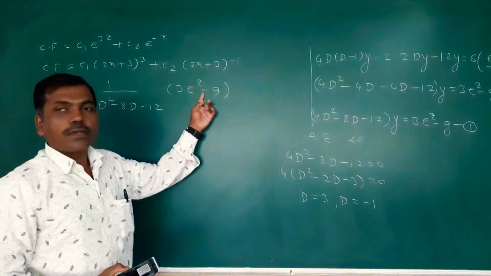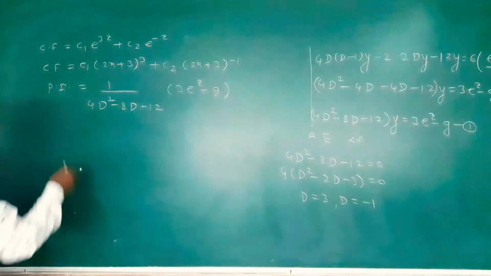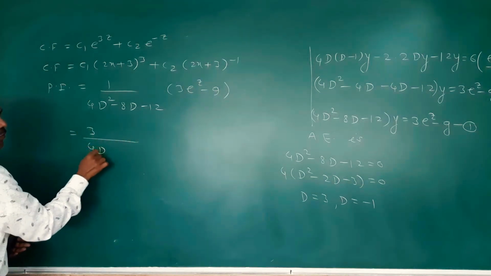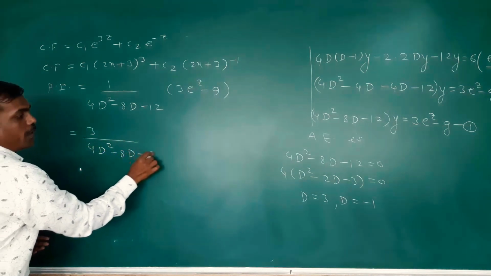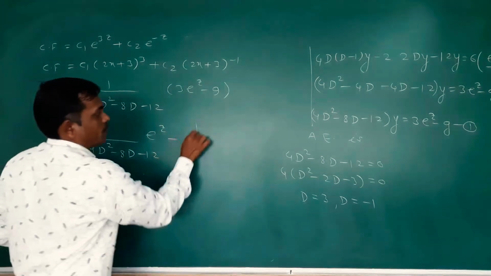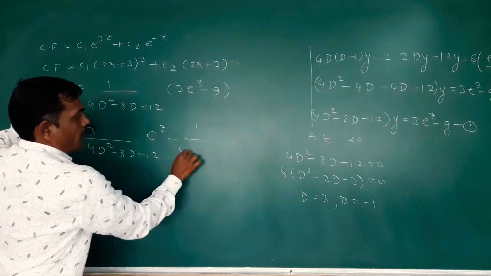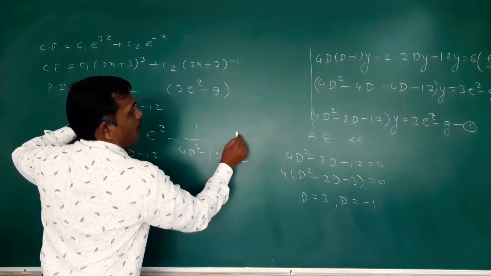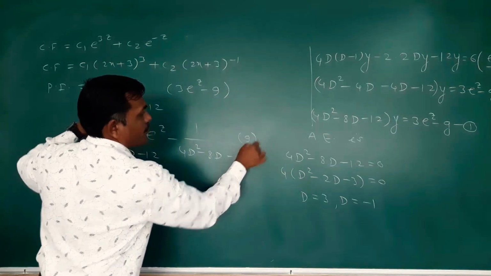Separate from this minus sign. What will you get? 3/(4D² − 8D − 12) operating on e^z, minus 1/(4D² − 8D − 12) operating on 9.